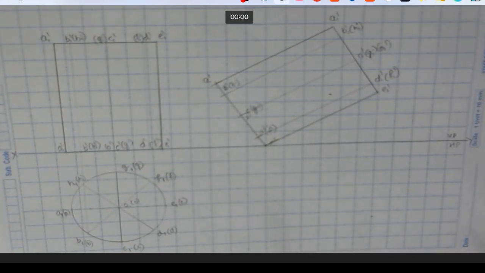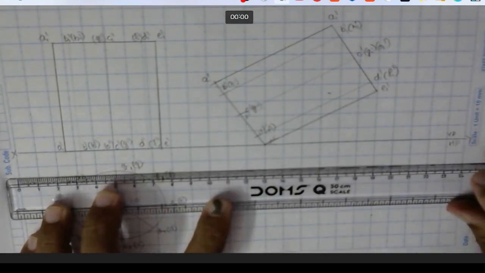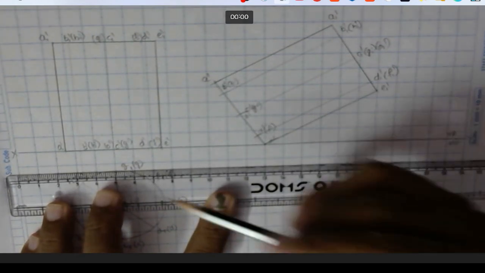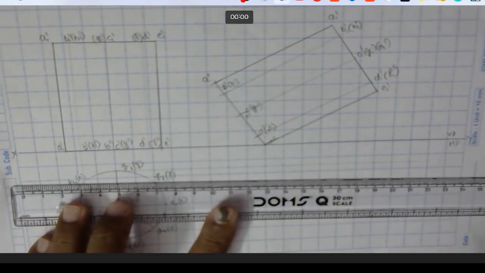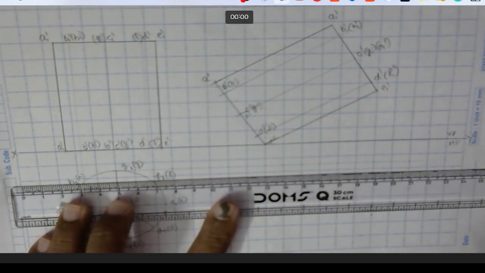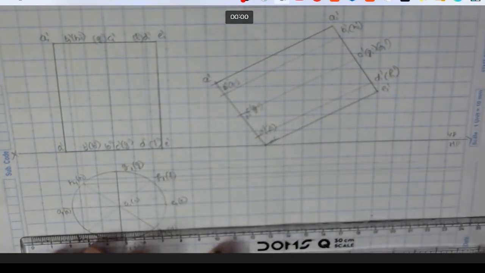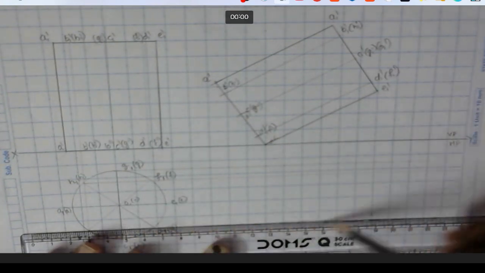Now let us draw top view. So construct horizontal construction line from previous top view. That's what initial position top view.